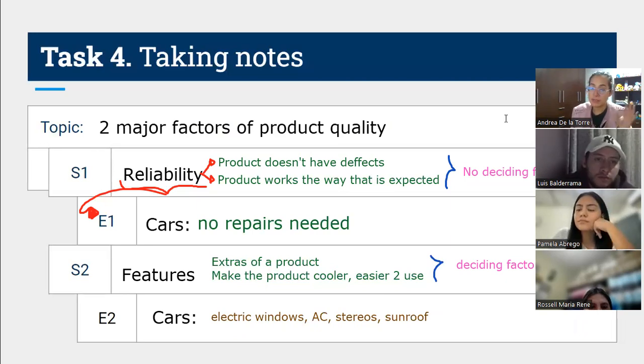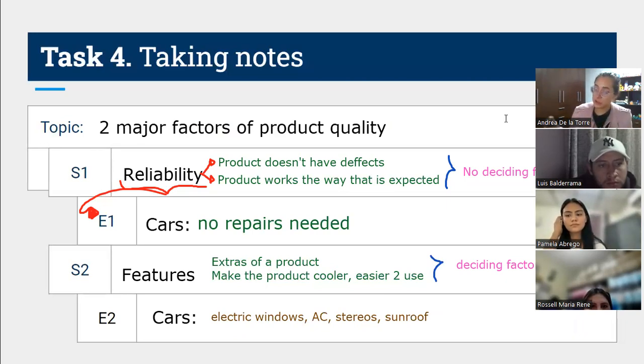Do you agree with me that this is kind of the structure of the lecture? This is what we had? Yes, right? So this is exactly how every lecture will be in this question. It will always have the same structure. You have the topic in the introduction, and that topic is always going to be broken down into two different subtopics.